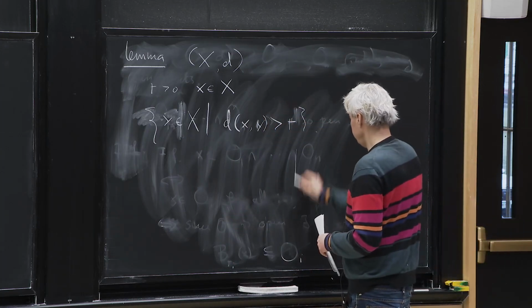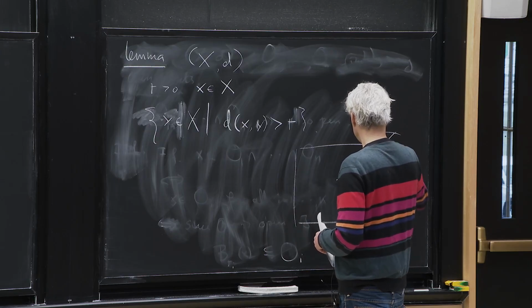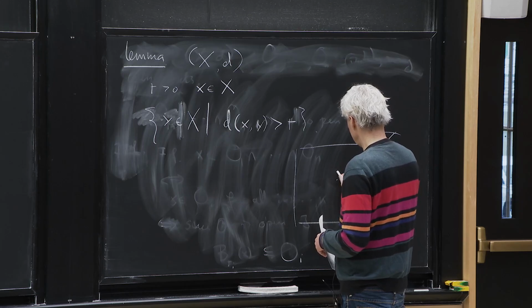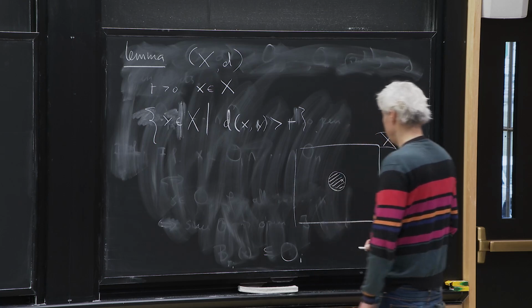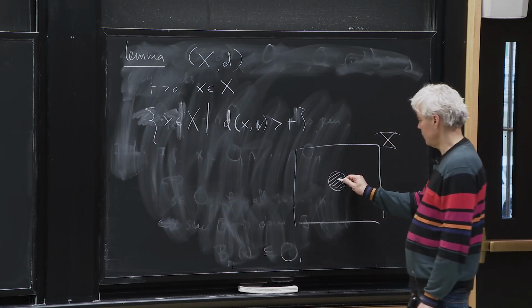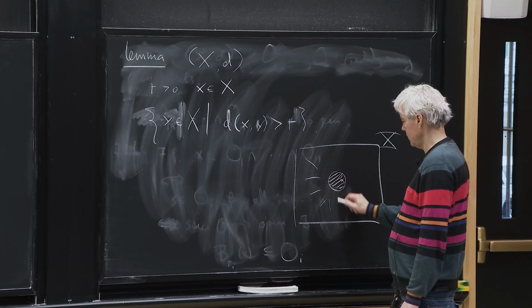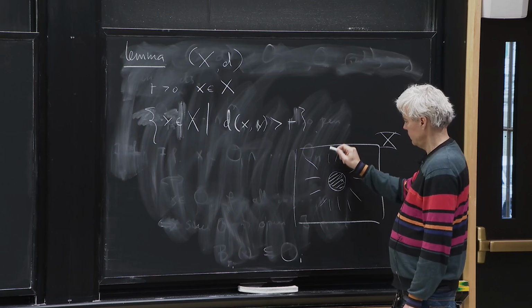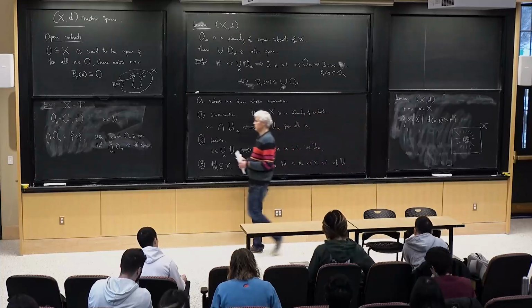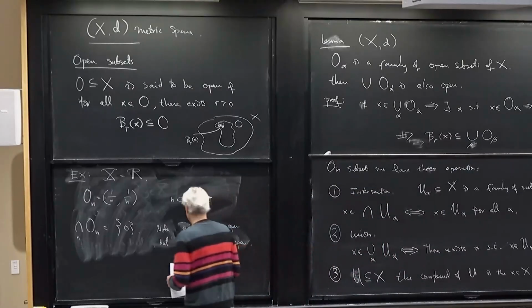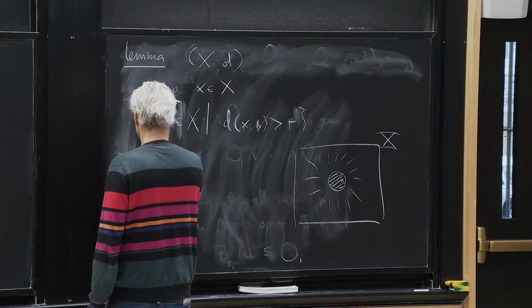So in other words, if this is the space X, and here you have the point x, then this disk, including the circle, consists of the points that have distance at most R from x. The set we are looking at is the set outside this disk, where the boundary is included in the disk. So outside that. What I want to prove is that this is an open subset.